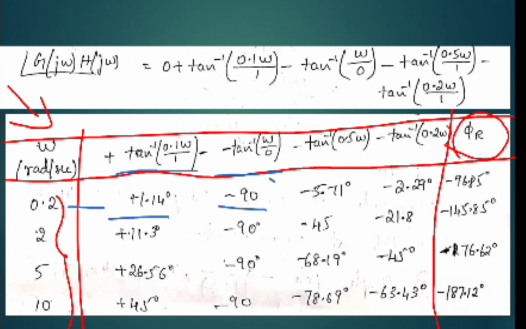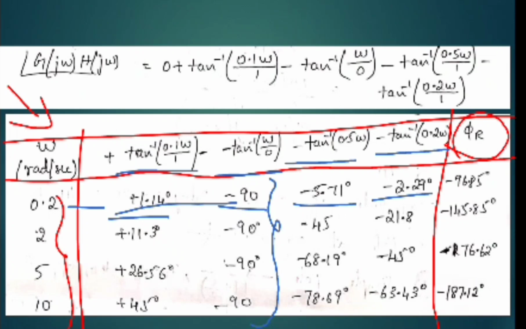Anyhow, the second column will remain minus 90 degree throughout, as it is omega by 0, which is tan inverse of infinity. Similarly the next term, minus tan inverse of 0.5 into 0.2, is minus 5.71, and next tan inverse of 0.2 omega, that is 0.2 into 0.2, is minus 2.29. Adding all of these angles, we get minus 96.85 degree.